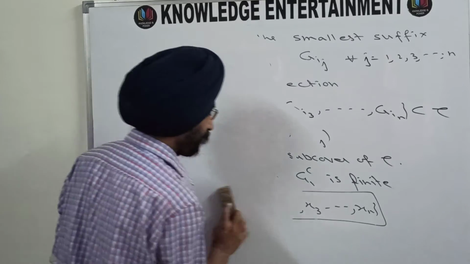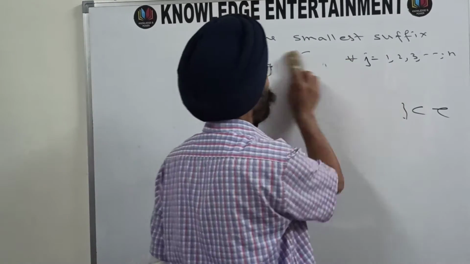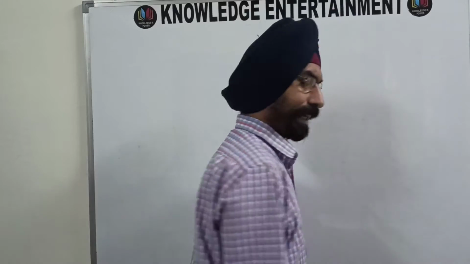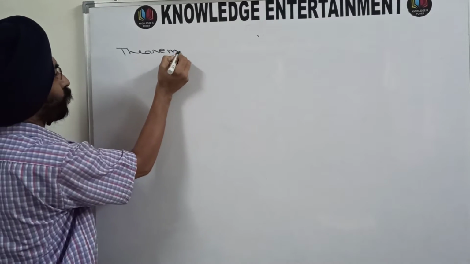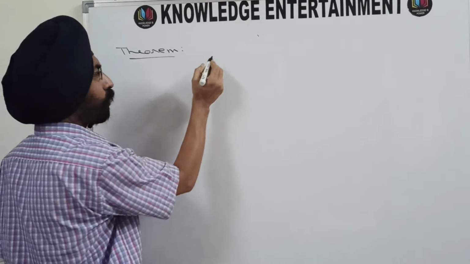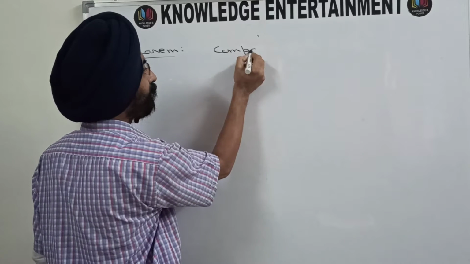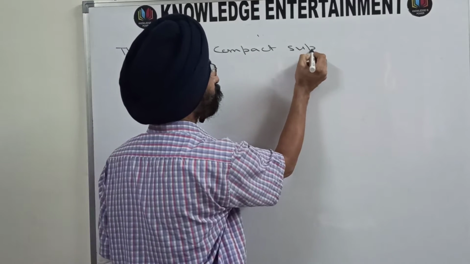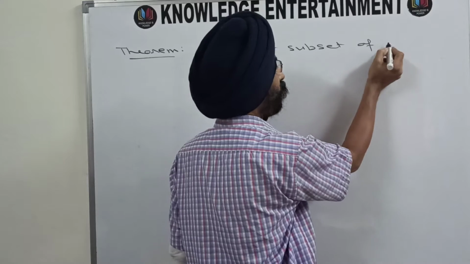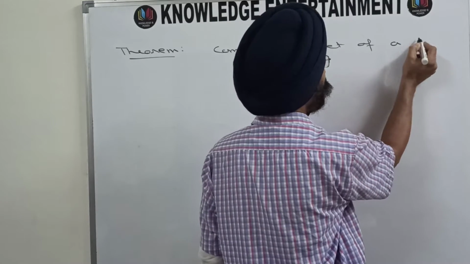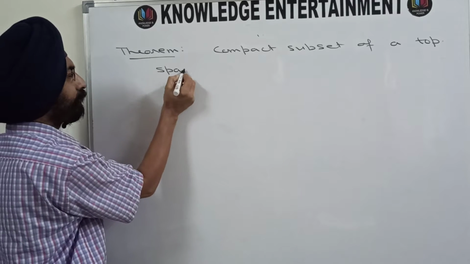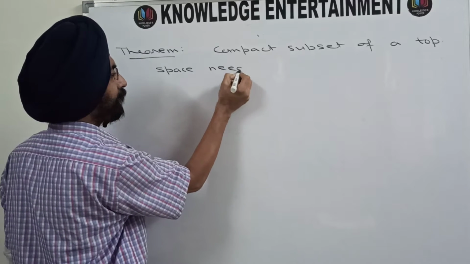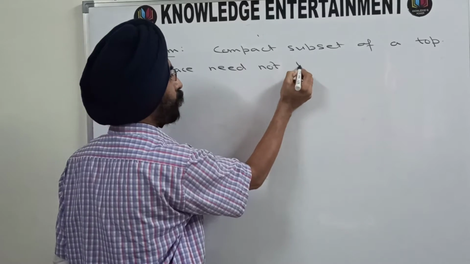So we have proved this result, and after proving this result, another easy result I am going to prove now. The next result or theorem, whatever you want to say: a compact subset of a topological space need not be closed.